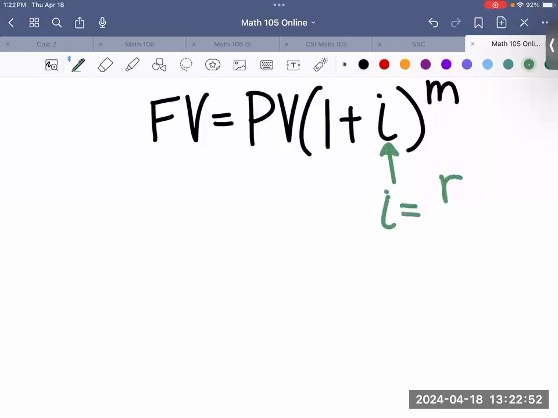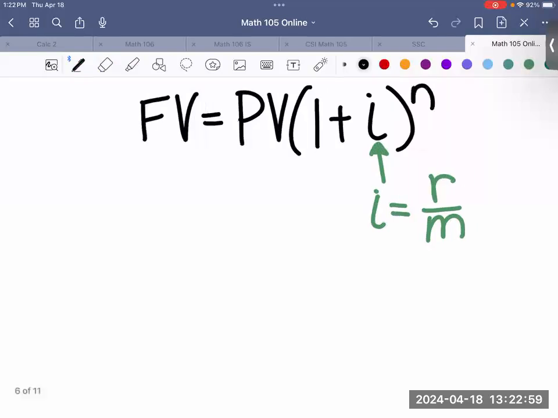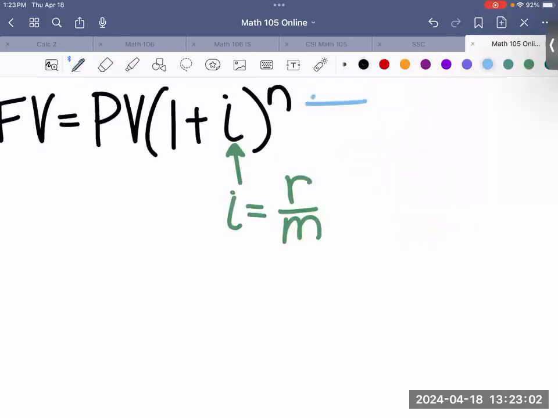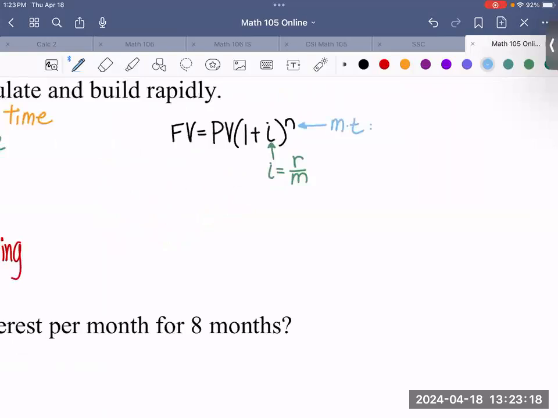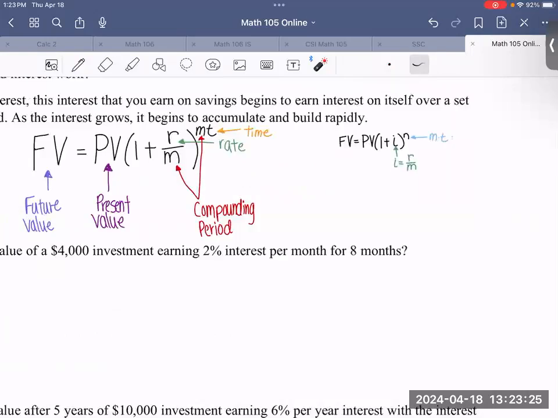I is equal to R over M, and I'm sorry, that should really be an N. And this N here is really your M times your T. So in case you see that, these both have specific names, and I'm having a brain fart. I'm going to have to pause and figure that out.